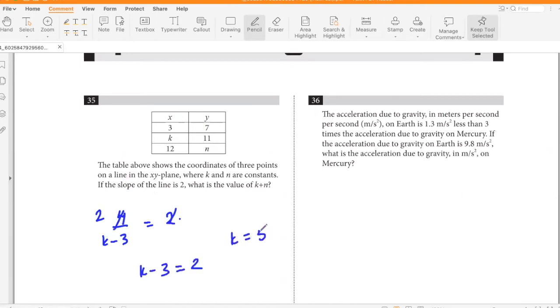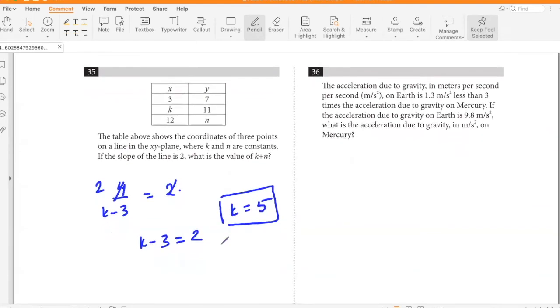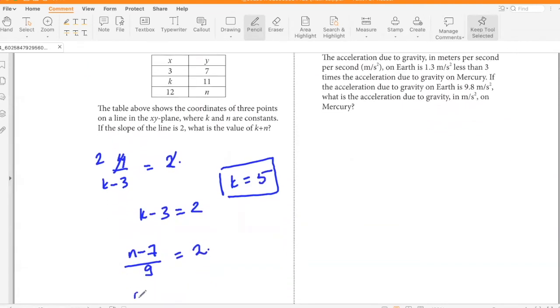So k is 5. And we can use n minus 7 by 9 is also 2. So n minus 7 is 18, so n is 25. So k plus n is 30.